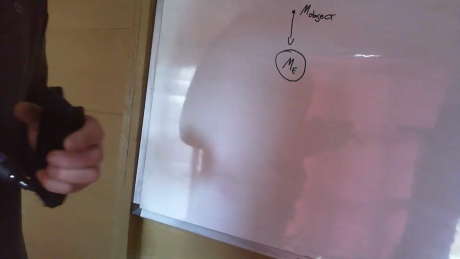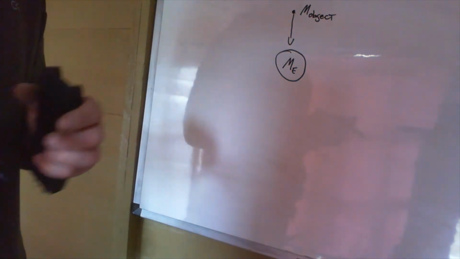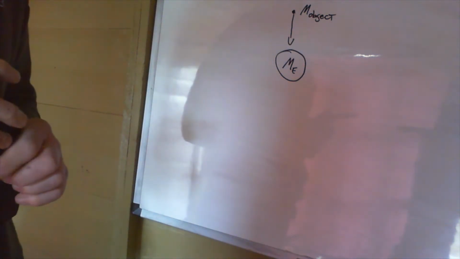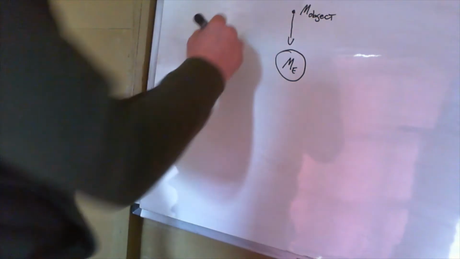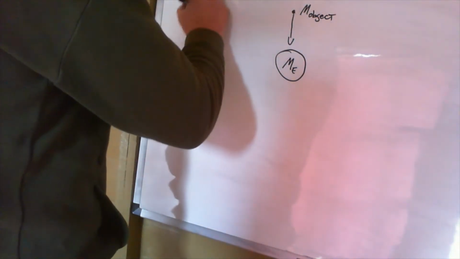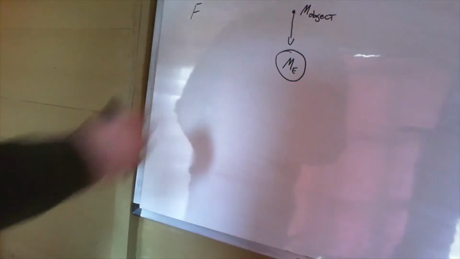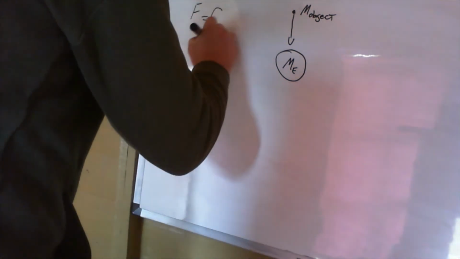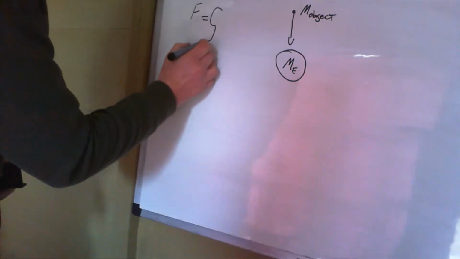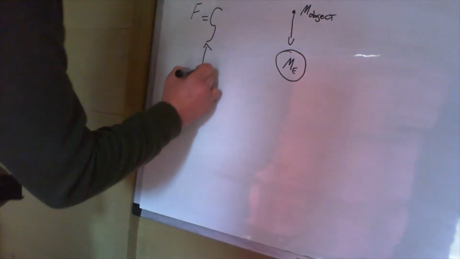What gravity is, it's the attraction of two masses to each other, and it's as simple as that, basically. And Isaac Newton worked out by experimentation and observation this number here. It's called the gravitational constant.